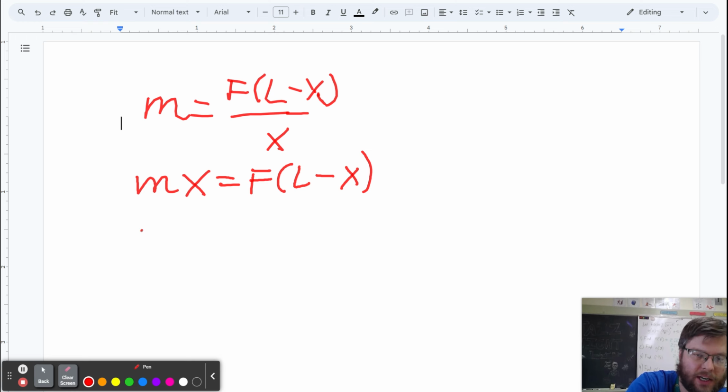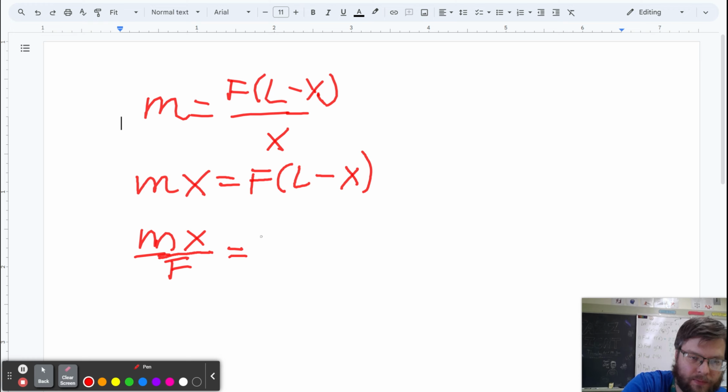Then let's divide by f, mx over f. The other option is, if you want, you could distribute f right there. That equals L minus x.